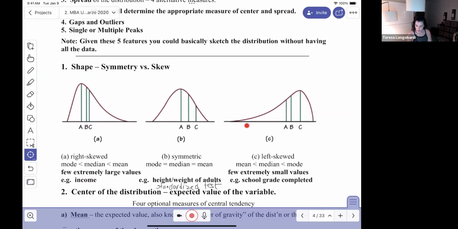And what's an example of left skewed? So here you have the variable with just a few small values and most people are high or relatively high. My example that I use is school grade completed. If you take 18-year-olds, most will have finished high school, right? Or grade school.